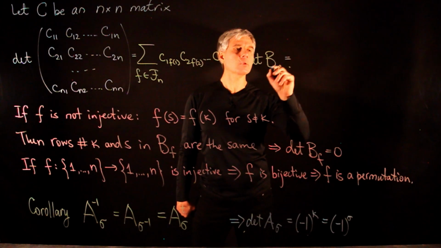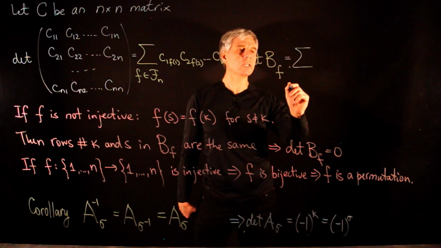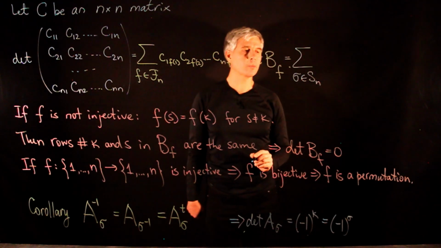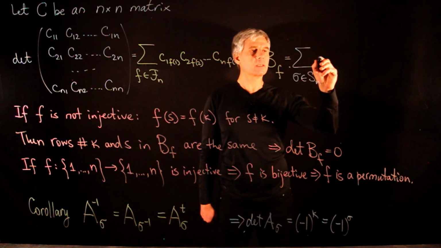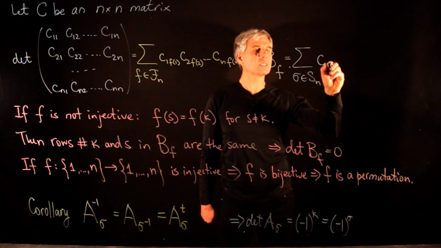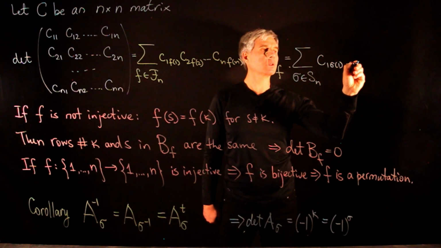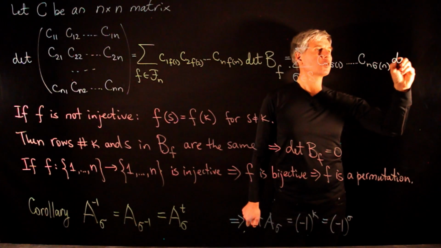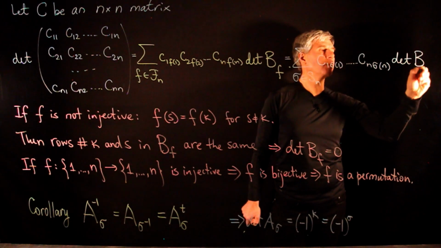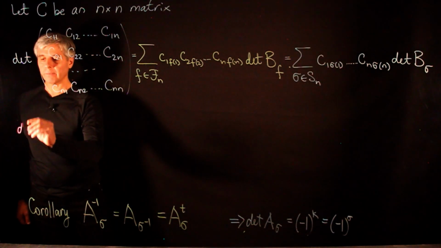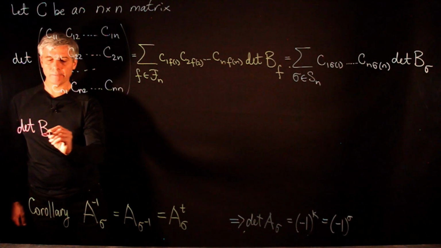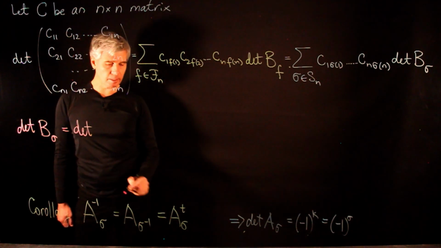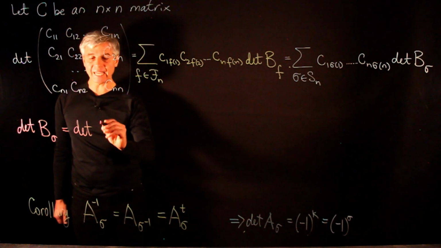So what we're going to get is now only the sum over all permutations in the group of permutations Sn. And here we get C1 sigma of 1 times ... Cn sigma of n times the determinant of the matrix B sigma. But what do we know about the matrix B sigma? So we know that the matrix B sigma is the transpose of the matrix A sigma.